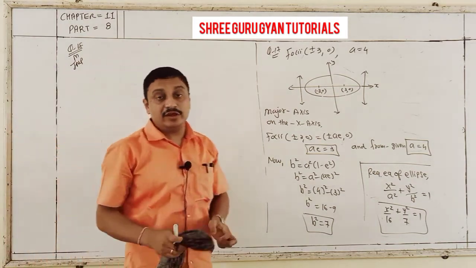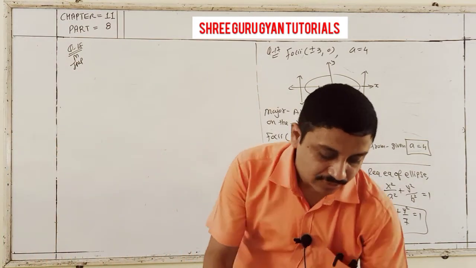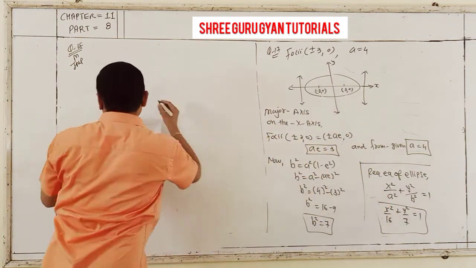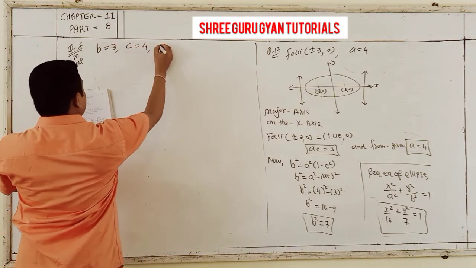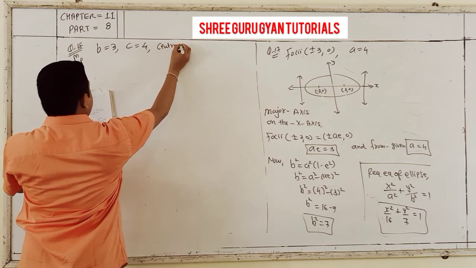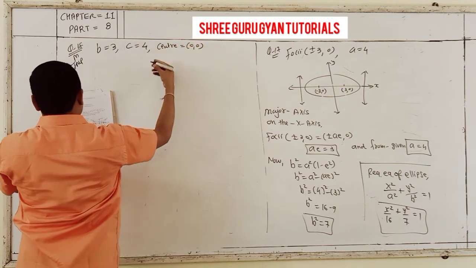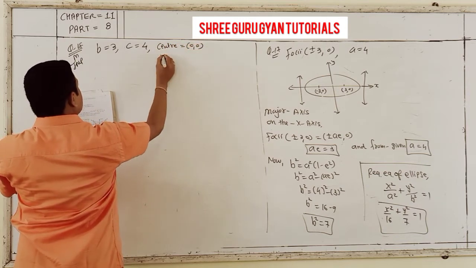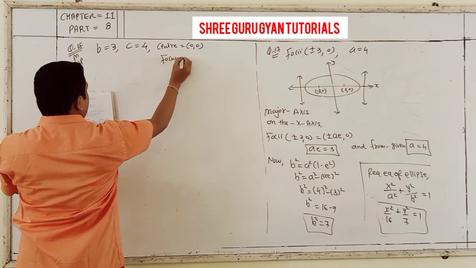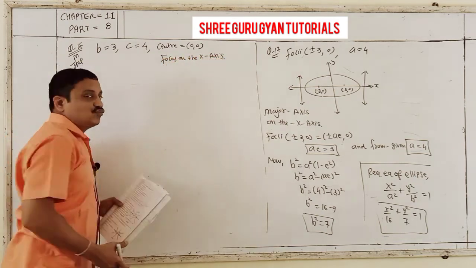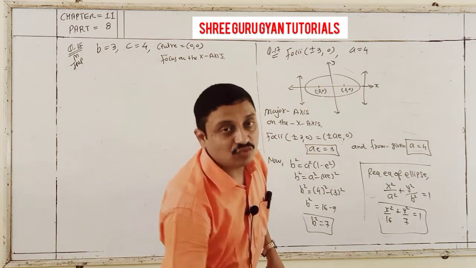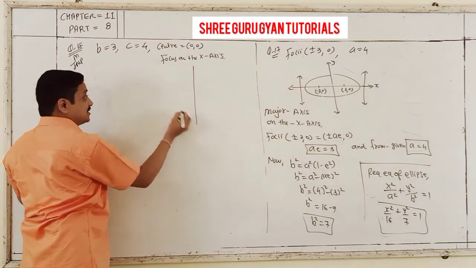Yes, find the equation of the ellipse where b is 3, c becomes 4, the center is (0, 0), and the focus is on the x-axis. Focus on the x-axis means the major axis is on the x-axis, students.